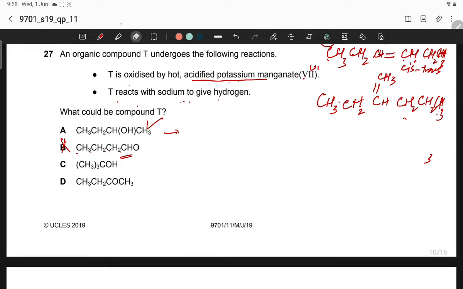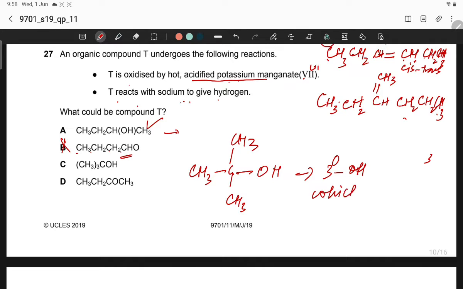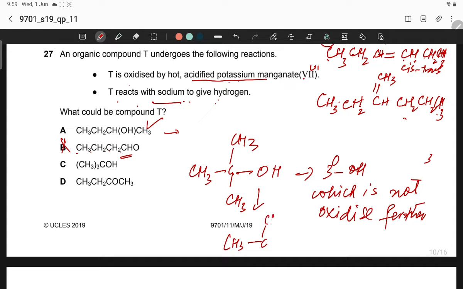C option is CH3, CH3, CH3. This is a tertiary alcohol which is not oxidized further, but can react with sodium to give hydrogen, forming ONa.